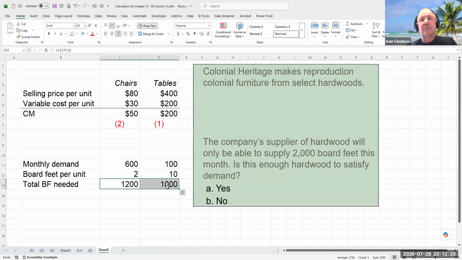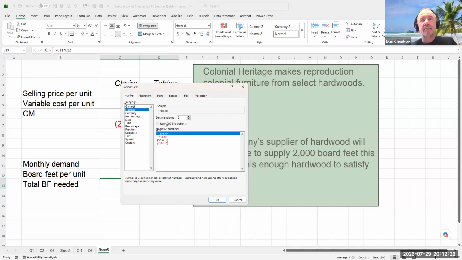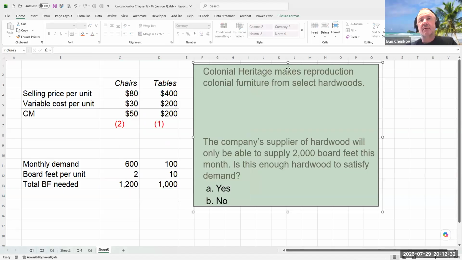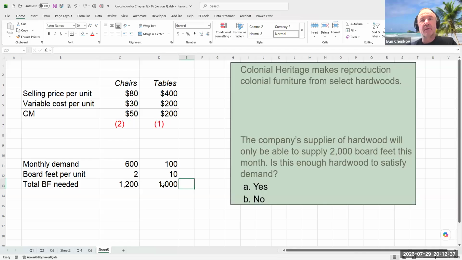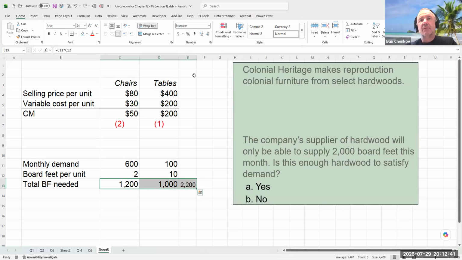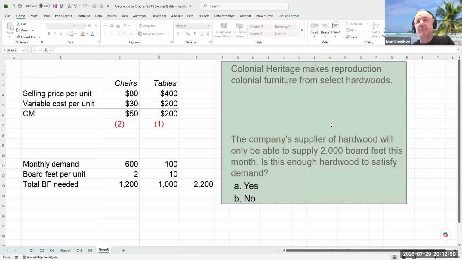In total, the board feet needed, I can clearly count here, will be 2,200 board feet. That's how much I need to satisfy my demand. The question is, do I have that many?